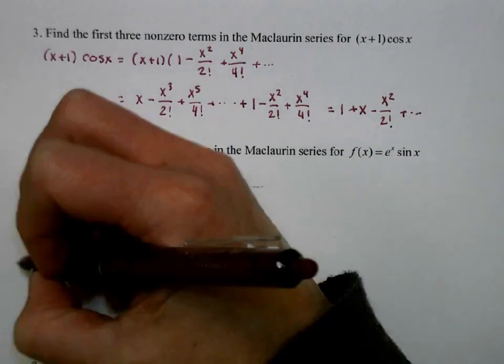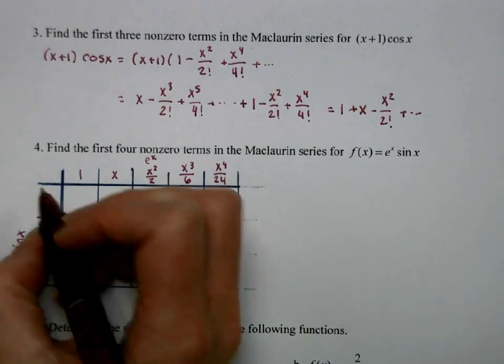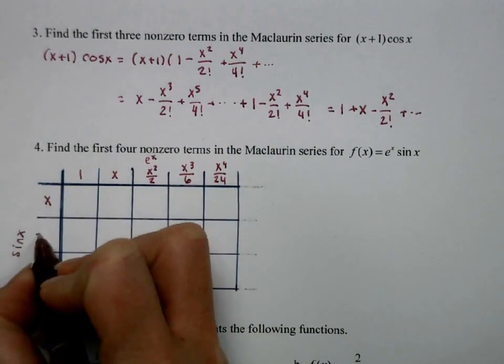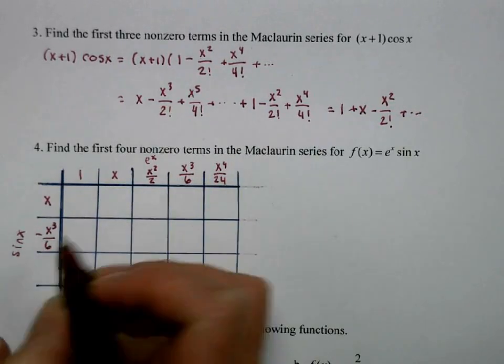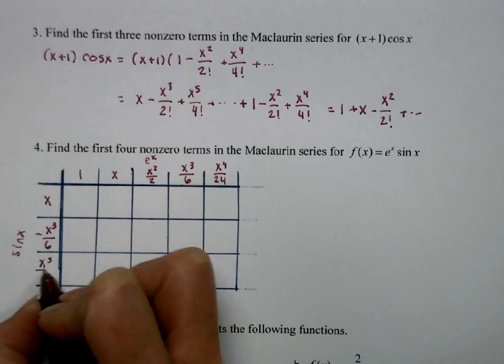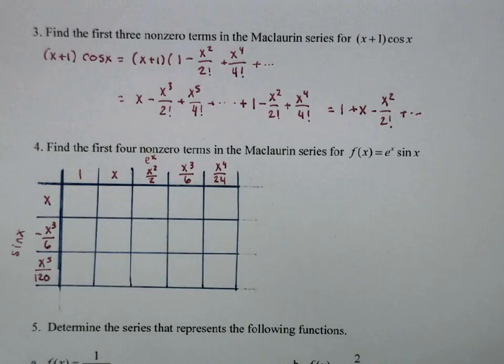On this side, I'm going to write my terms for sine of x. So that's going to be a positive x, a negative x cubed over 3 factorial, and a positive x to the 5th over 5 factorial, which is 120. Okay, and then you're simply just going to multiply.